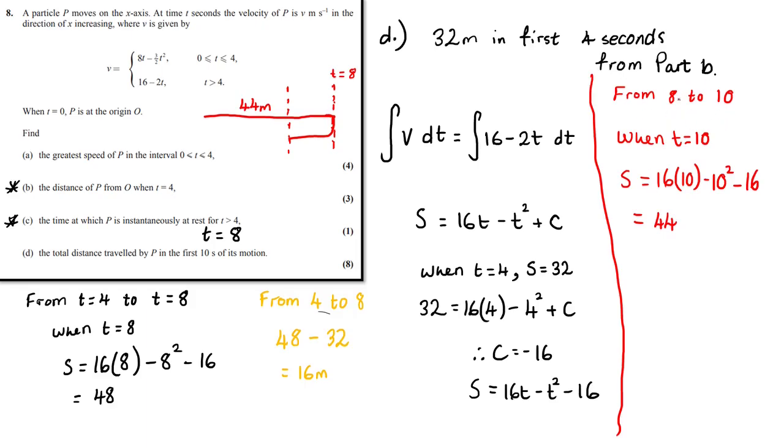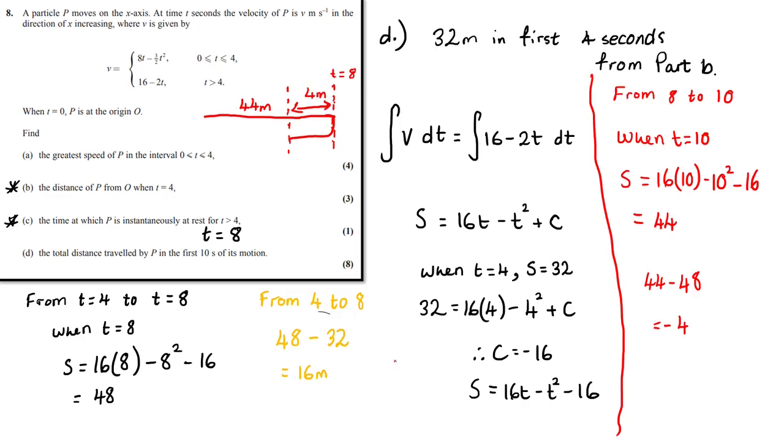So again, we subtract the lower part, when t equals 8, which we know is 48. So 44 minus 48 gives us minus 4. This minus is because, like we said, the direction is reversed here. So this is going to be 4 meters.